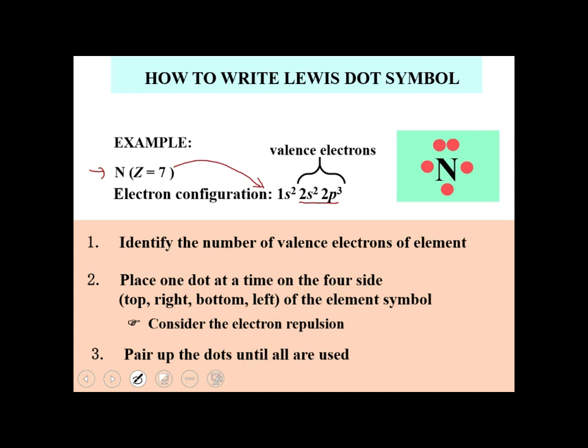Okay, so 1 and 2 only exist. So the highest number would be 2. So highlight all the quantum number equal to 2 and total up the number of electrons on top of the alphabet. So 2 plus 3, it will be 5 valence electrons. Okay, so you have 5 valence electrons, and you can draw like this. This is the Lewis dot symbol for nitrogen.